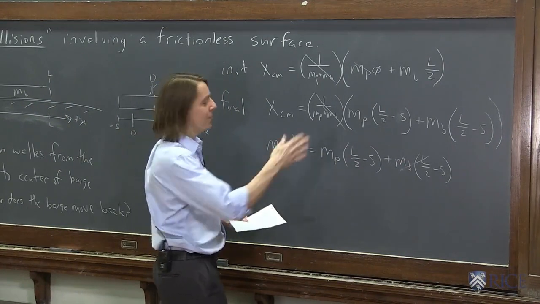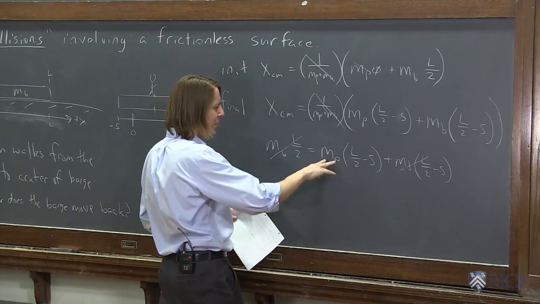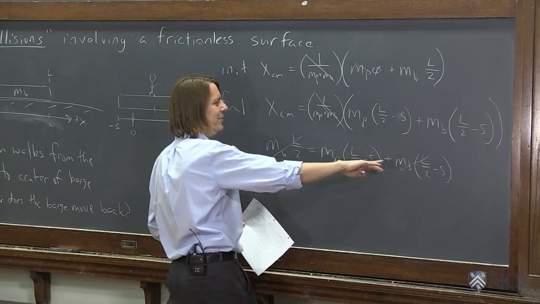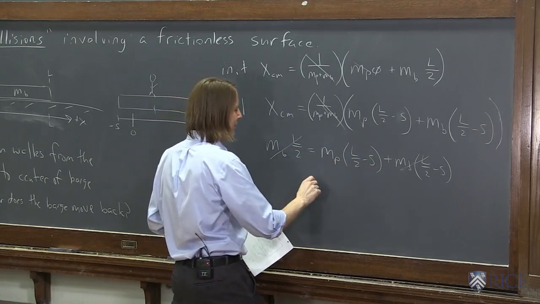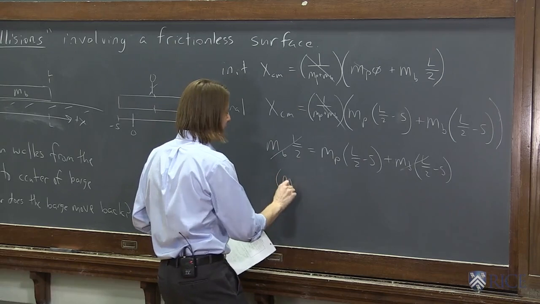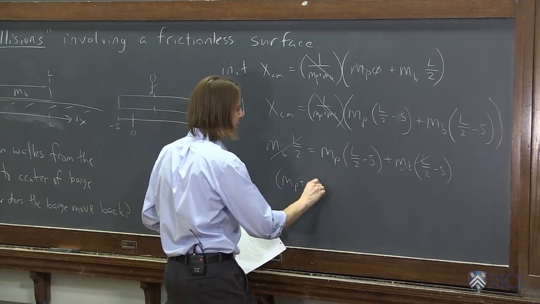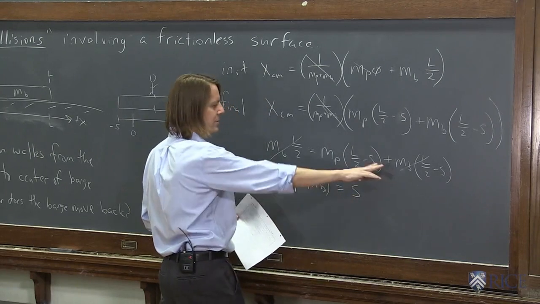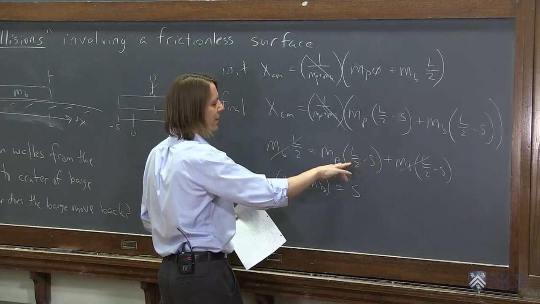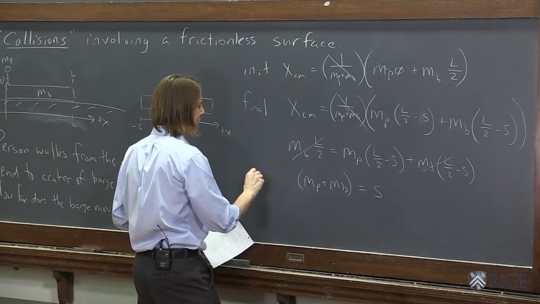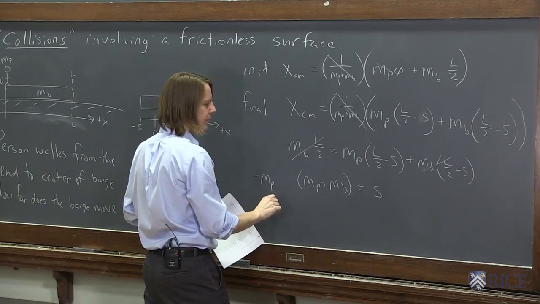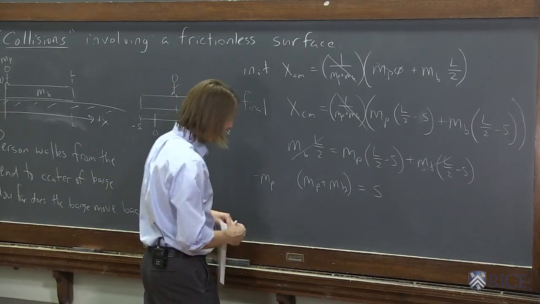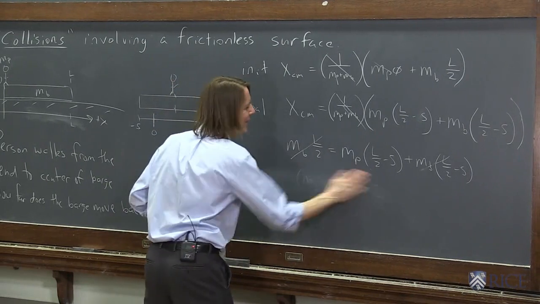What are we solving for? We're solving for s. Okay, let's solve this for s. So we would say minus mp times s minus mb times s. We would bring those over here, and it would be mp plus mb over here, and s over here. Yet we still have this one mp times L over 2, which we'll have to bring over here. I've algebraed myself here.